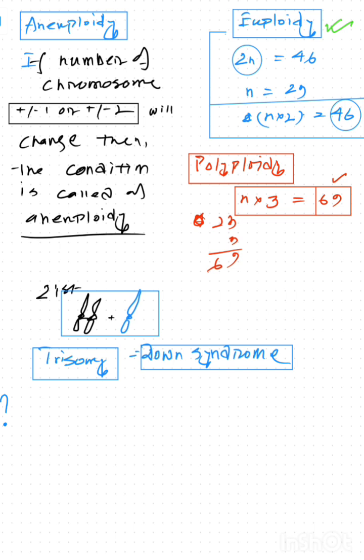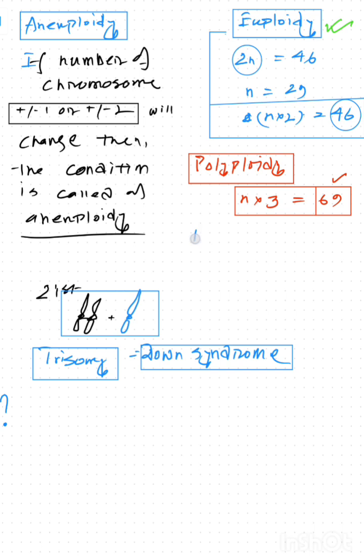Not only in human beings, these things occur in plants also. Nowadays people do induced mutation. People have become more advanced and, to gain much more money, they are doing a lot of things.